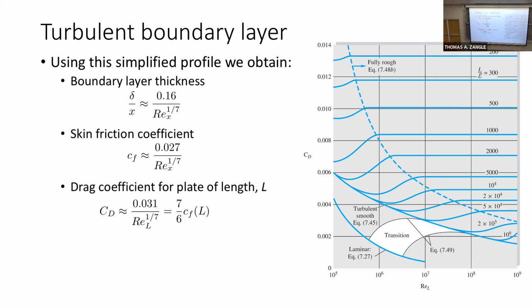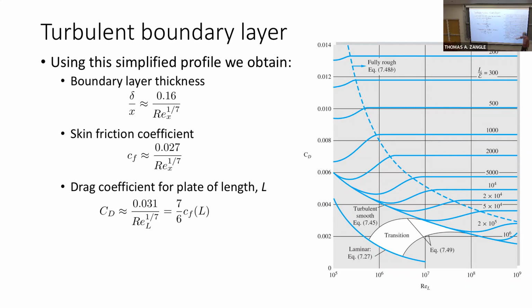But if we were considering just a flat plate, this is kind of like a Moody chart for flow over a flat plate. So again, we have a non-dimensional parameter, which in this case is C_D, the coefficient of drag, plotted as a function of Reynolds number, based on length.